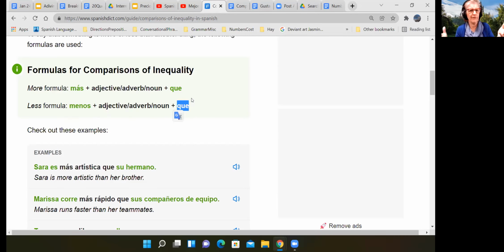Those don't change in form because they're not verbs. They're not masculine, feminine. So they're words we can just plug in and never have to worry about the form of the words. Más is always más. Que is always que. Your description goes in the middle. Menos is always menos. Que is always que. Your description is always in the middle.